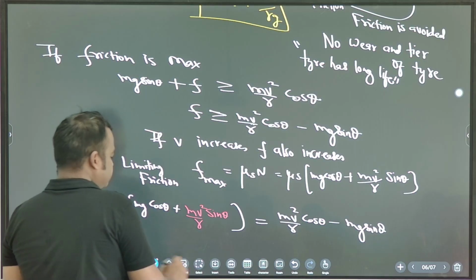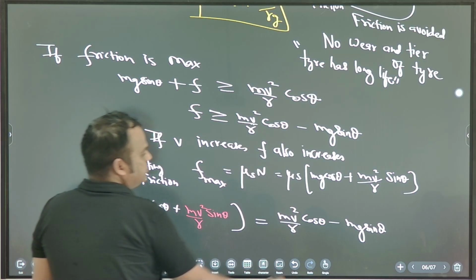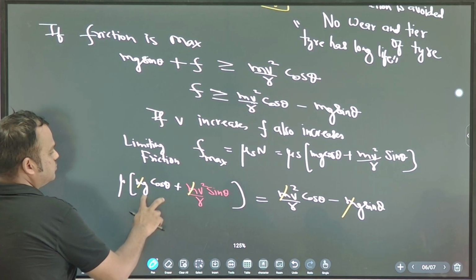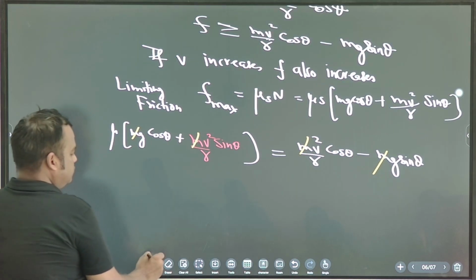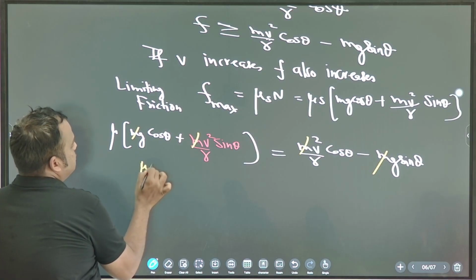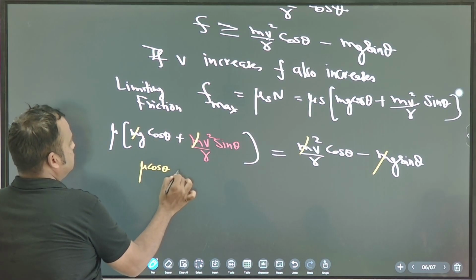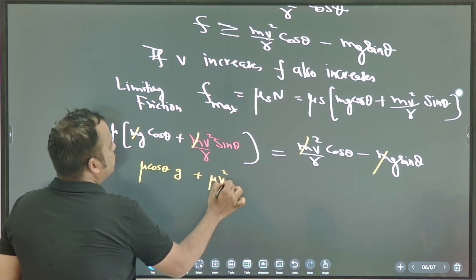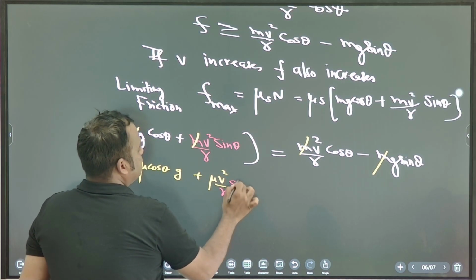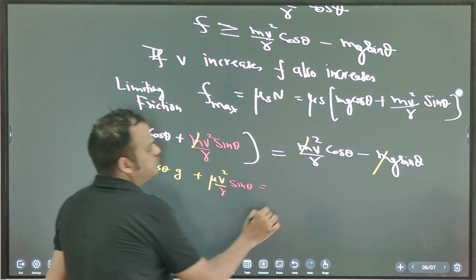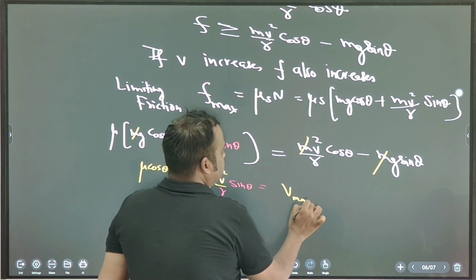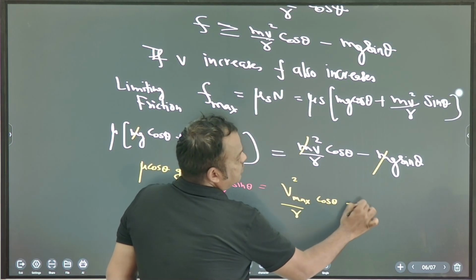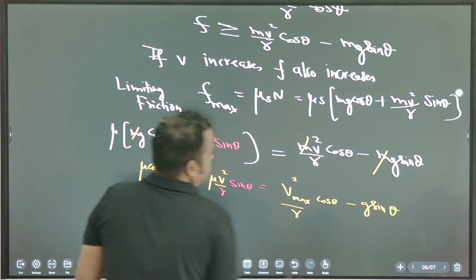Okay, clear? Now cancel m. So mu cos theta into g plus mu V square by R sin theta is equal to, now this is the maximum speed, V max square by R cos theta minus g sin theta.